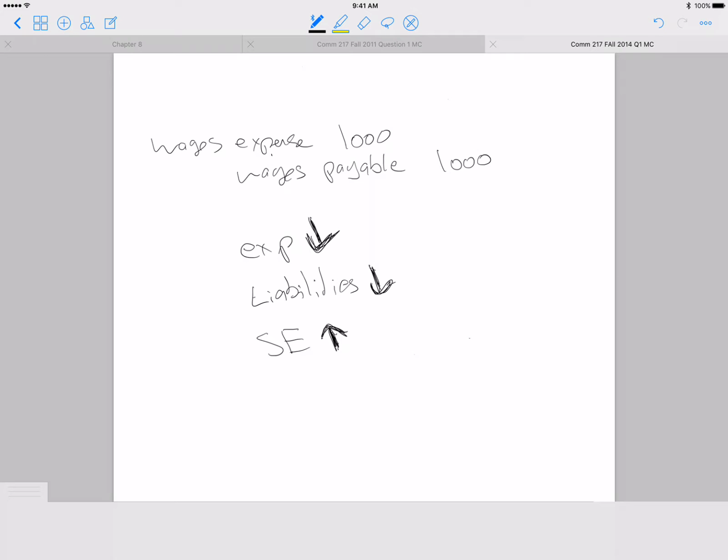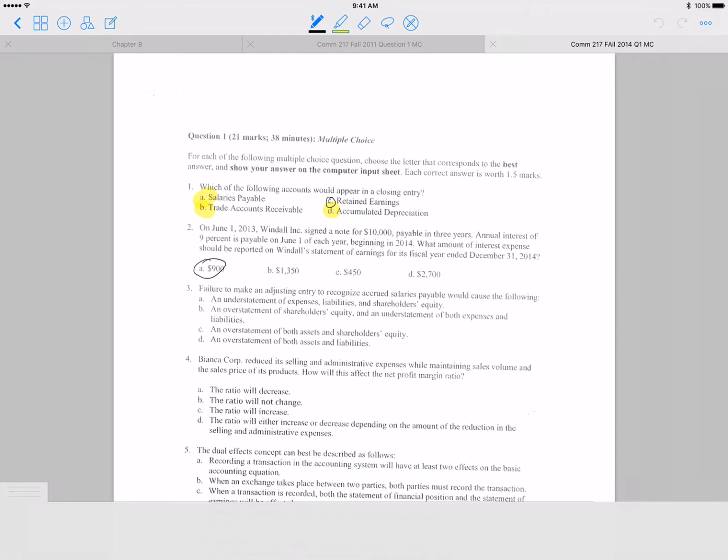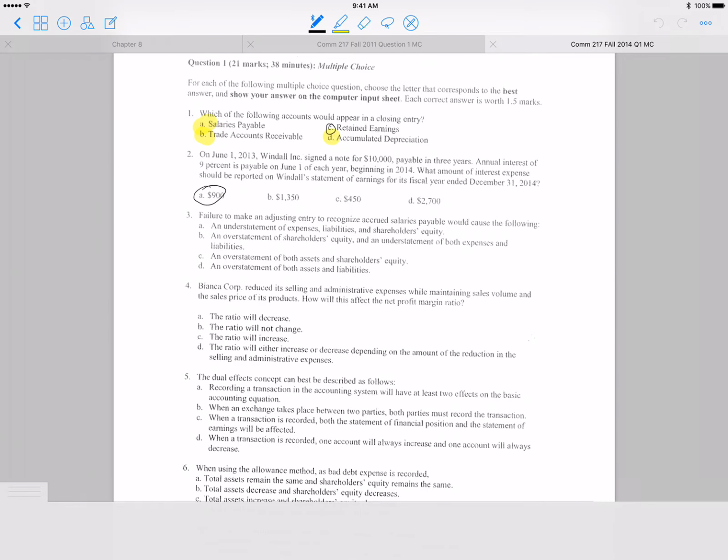So if we look at the possible solutions, we see A, an understatement of expenses, which is correct, liabilities and shareholders' equity. But since shareholders' equity is actually overstated, A is incorrect. B says an overstatement of shareholders' equity, which is correct, an understatement of both expenses and liabilities. So this should be the correct answer.